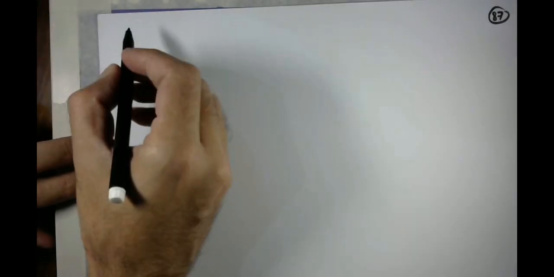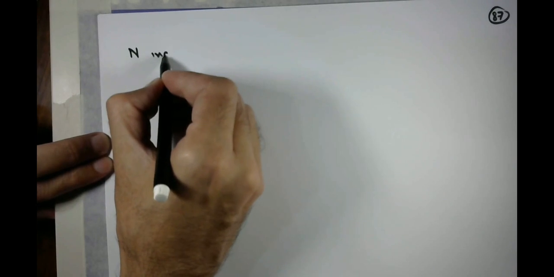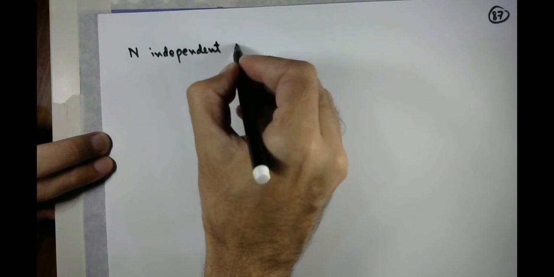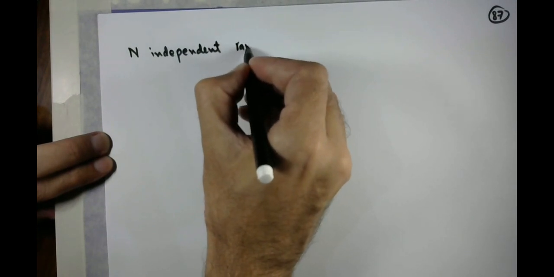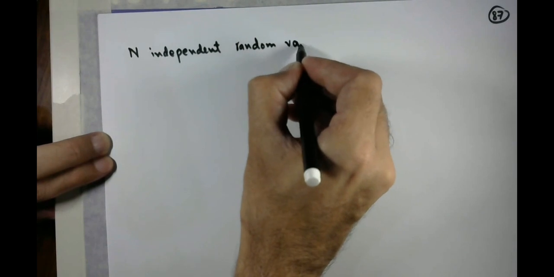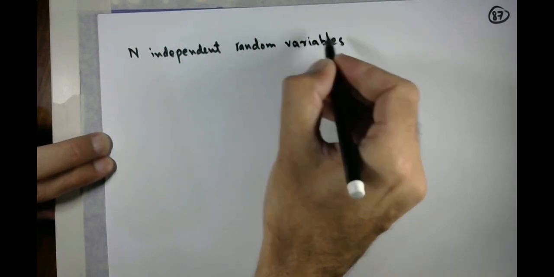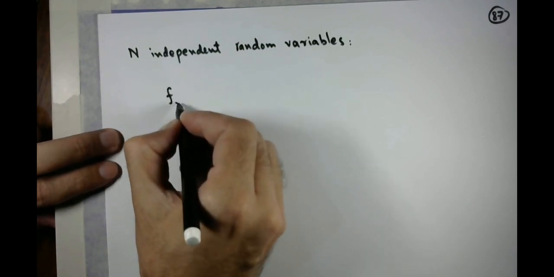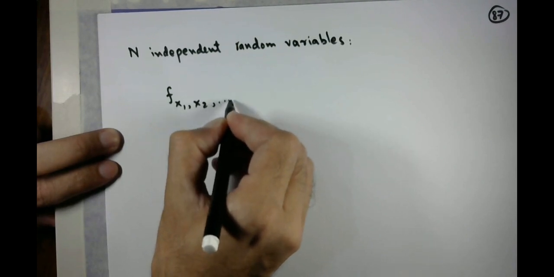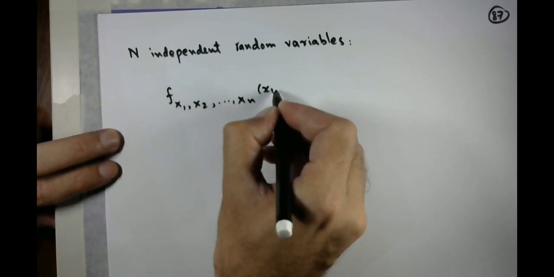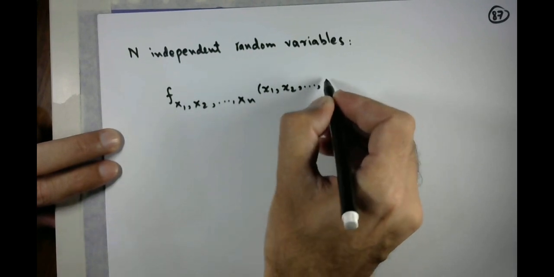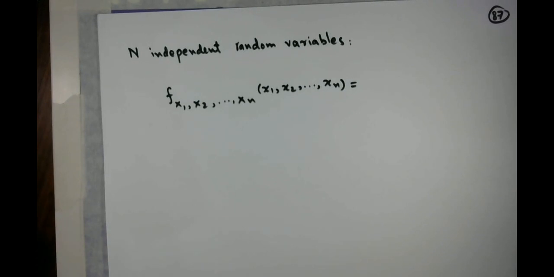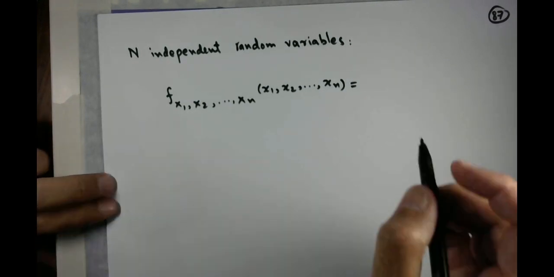So if we have n independent random variables, the giant PDF, say x1, x2 till xn of x1, x2 till xn, can be written as the product of the individual PDFs.